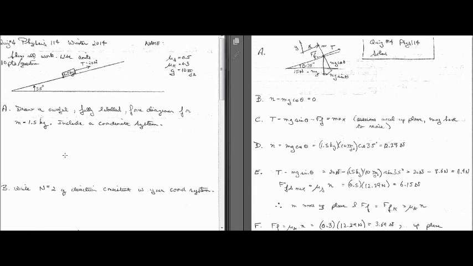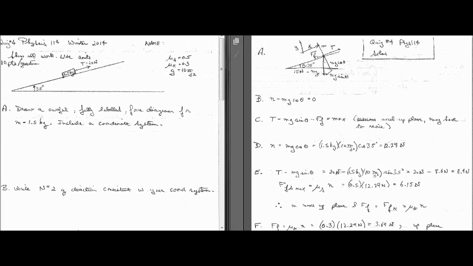So you were asked in part A to draw a careful free body diagram, and here's my rendition, including a coordinate system. The downward weight, vertically downward, is 1.5 times 10, which is 15 newtons. This angle theta here is the same as the angle theta where my cursor is.